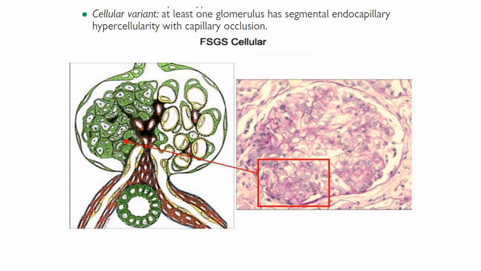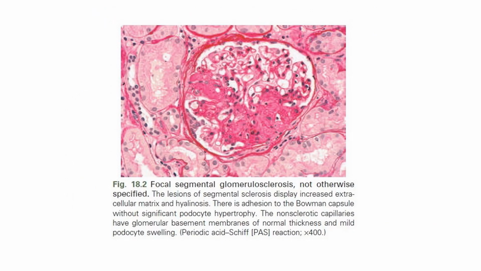And then the FSGS cellular, there will be endocapillary hypercellularity with occlusion of the capillaries, and finally the not otherwise specified FSGS type.